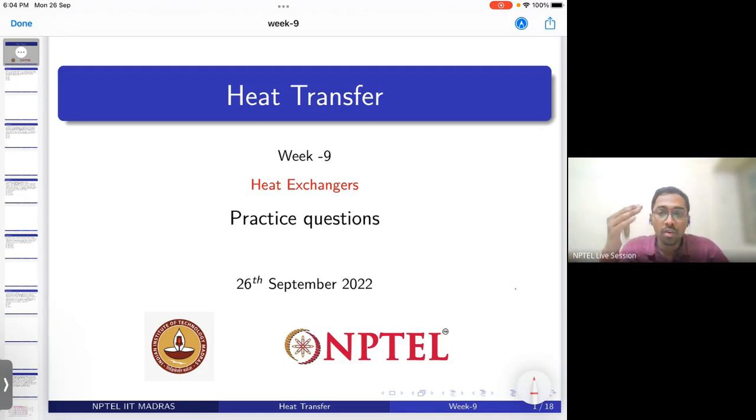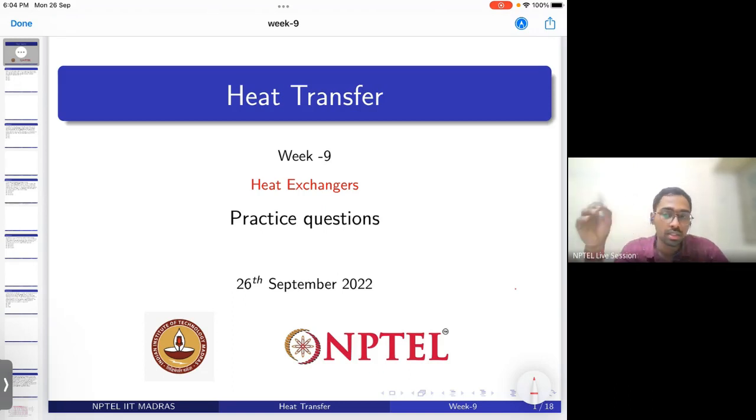But if neither exit temperature of the hot fluid nor the cold fluid is given, we cannot use the LMTD method. So that's why we have introduced another method, known as the effectiveness-NTU method. That was discussed in the week 9 topic.